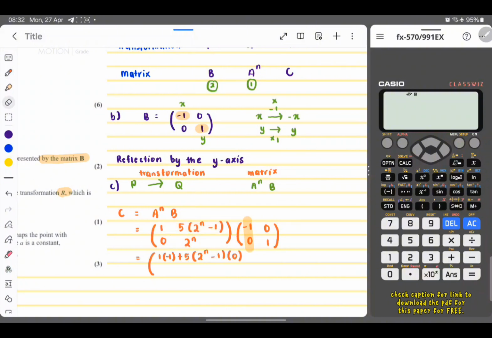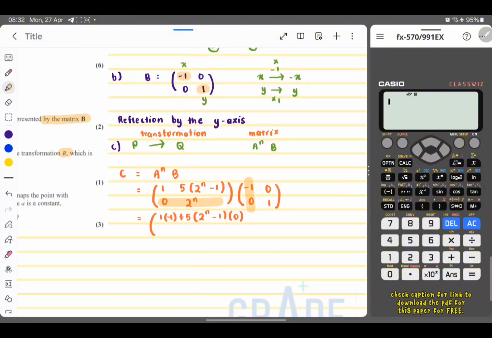We will maintain the column from the second matrix, but we will consider the second row for the first matrix. Let's write down the elements from the first matrix: 0, give it a bit of space, plus 2 to the power of n. Second matrix, the first bracket will be -1, the second bracket will be 0.